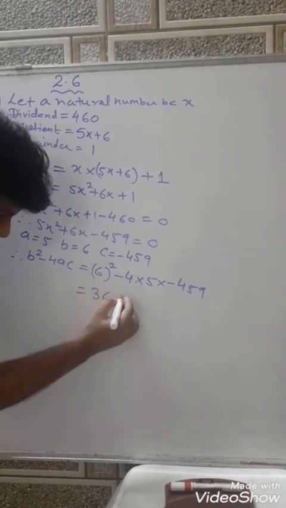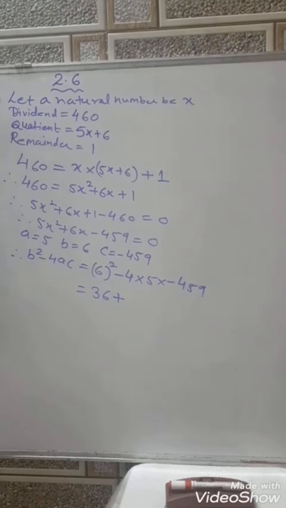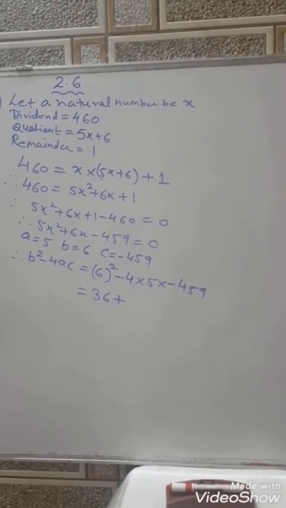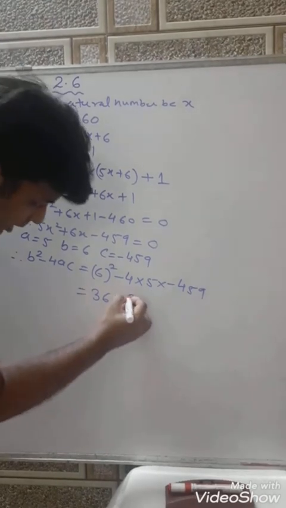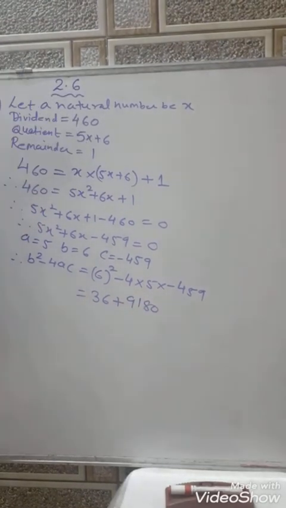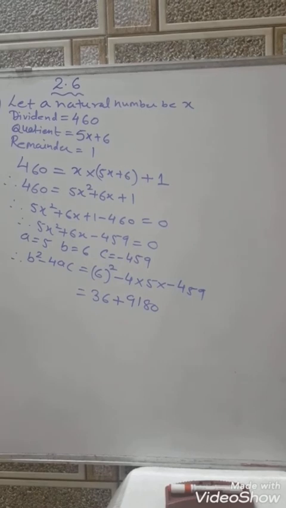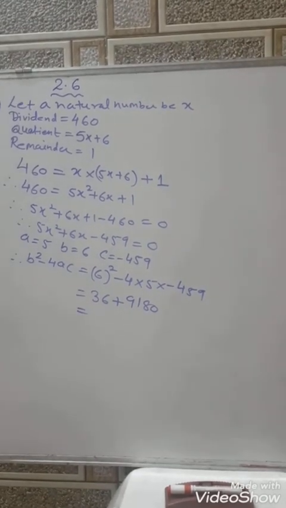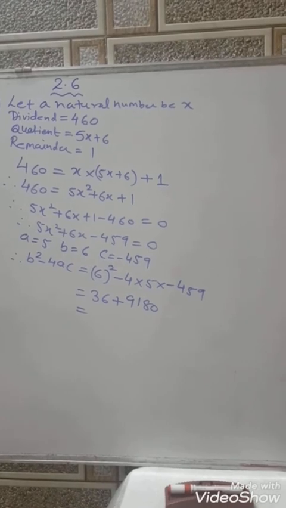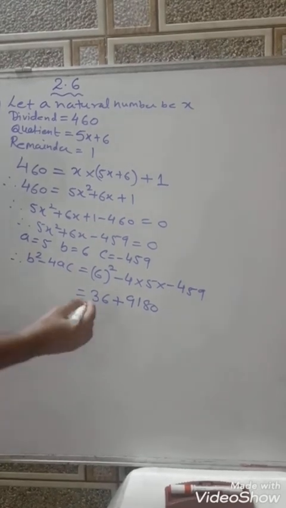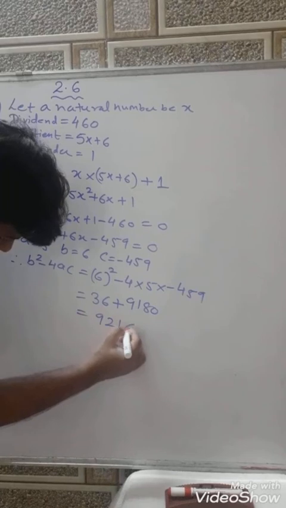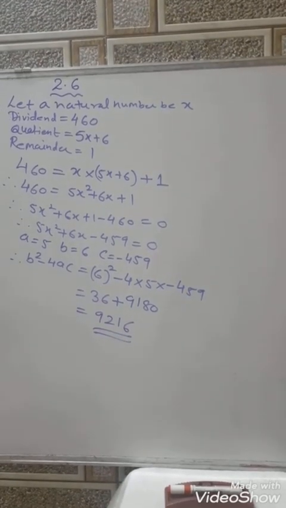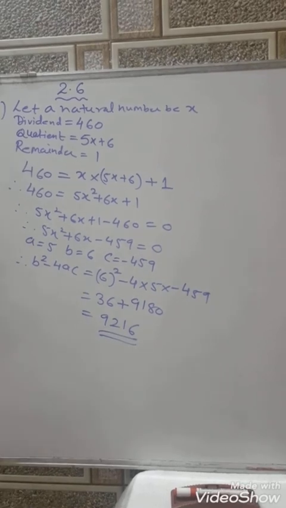So you get 36, minus minus plus, you get 9180. So that is added with the 36. So you get 9216. That is the value of B square minus 4AC.